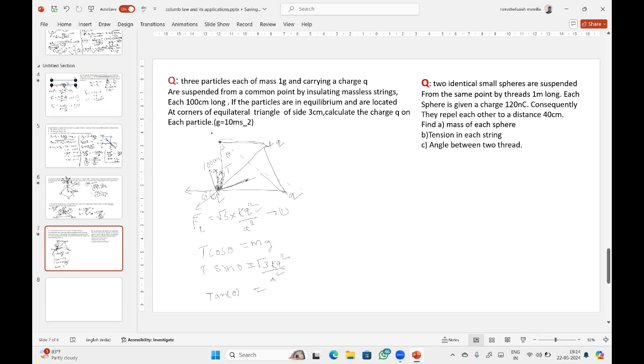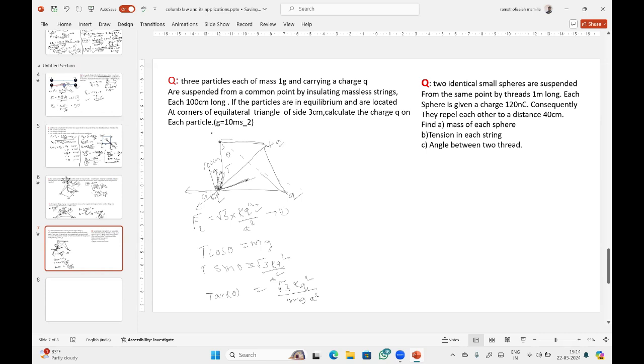Tan theta is equal to this one by this one, so that is √3 KQ squared by mg into A squared.